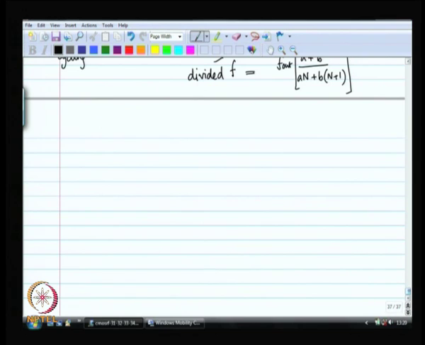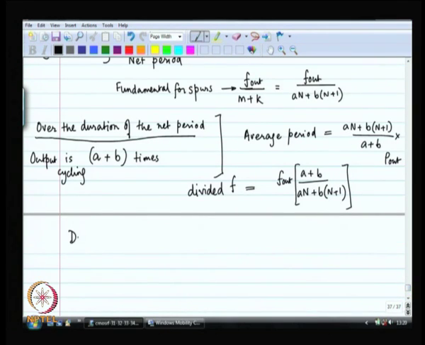So, the quantity by which you have done your division is a times n plus b times (n plus 1), divided by a plus b.